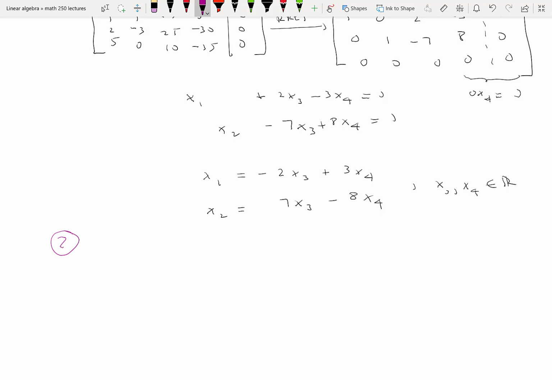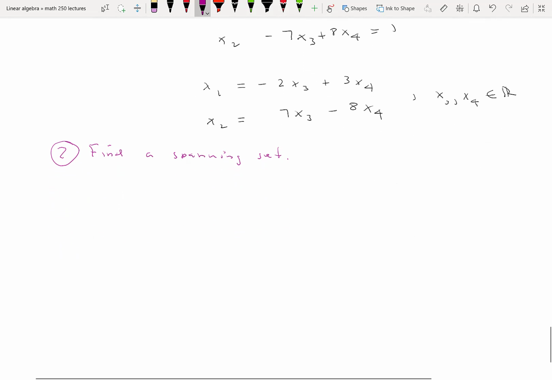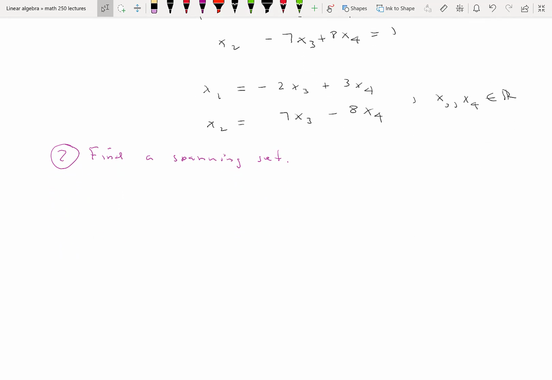Okay, so step 2, now that we have a solution, find a spanning set. That's not going to be so rough. Let's take a look at a typical solution vector. So the solution, our capital X, is an element of R4.